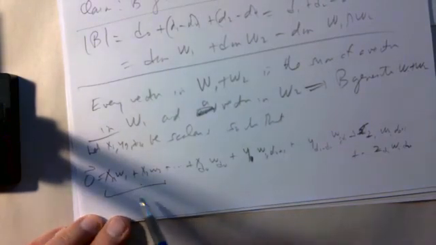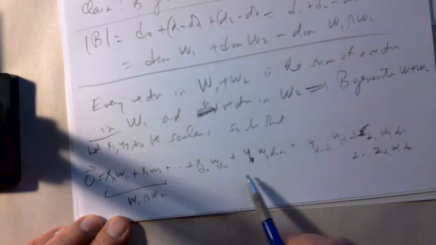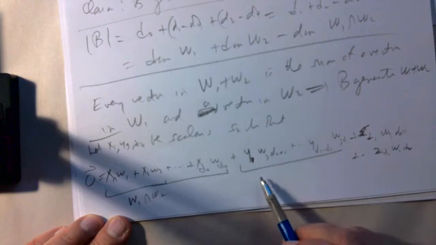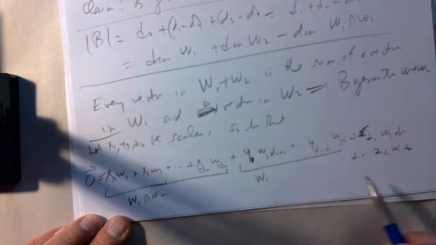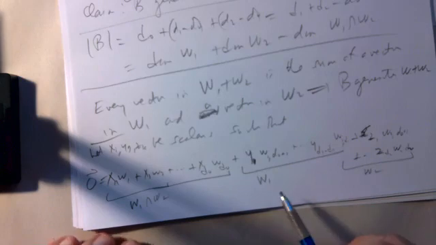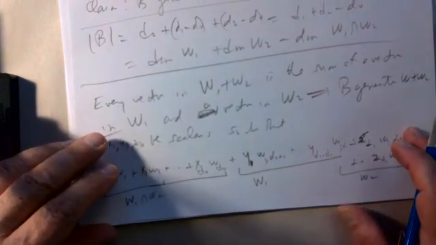So this is a vector in W1 intersect W2. This is a vector in W1. This is a vector in W2. So all we need to do is look at this carefully and rearrange it.